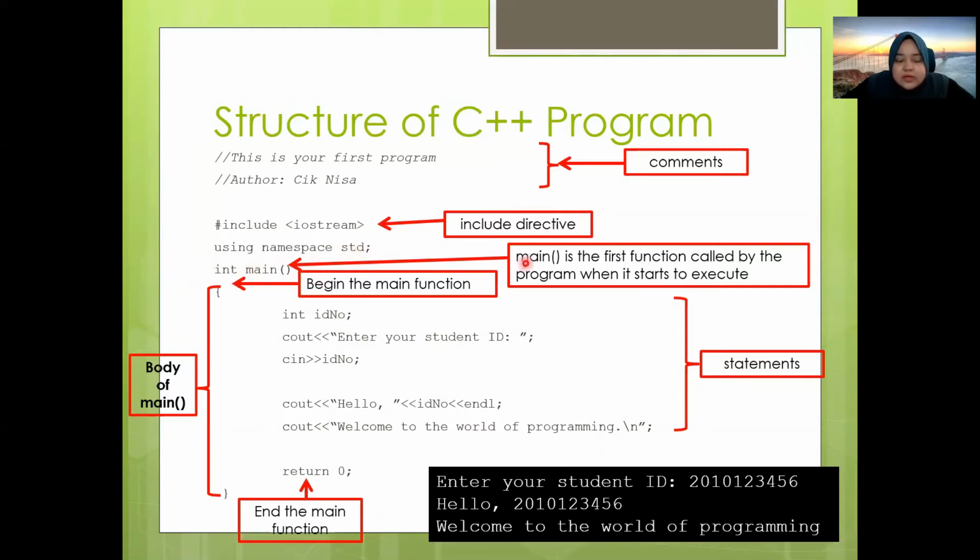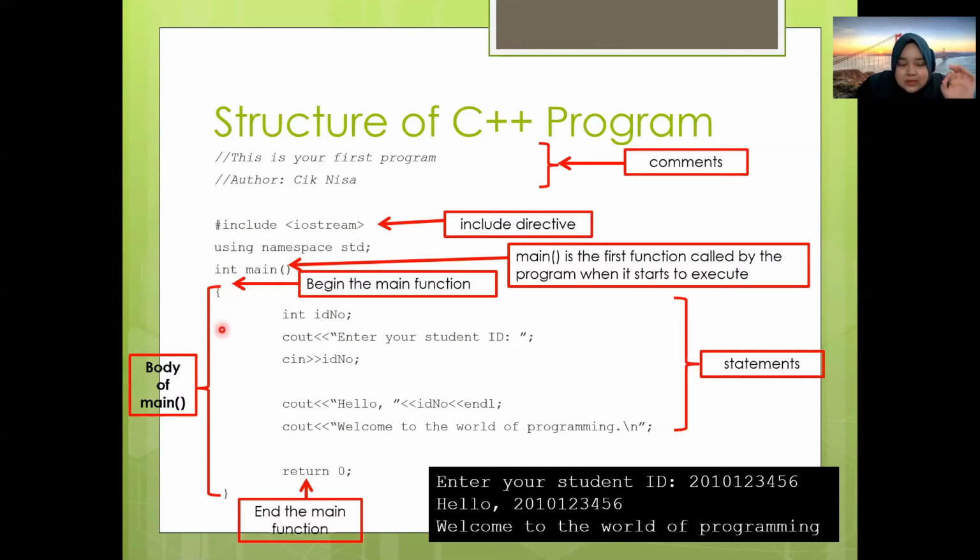This is the first function called by the program when it starts to execute. People call it the head of the coding. All coding must be placed inside the body of int main. This is the head, this is the body, and this is the end. So int main, this is how the syntax looks.